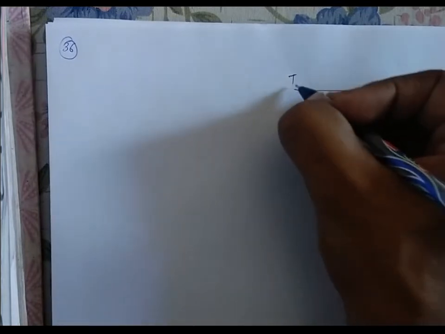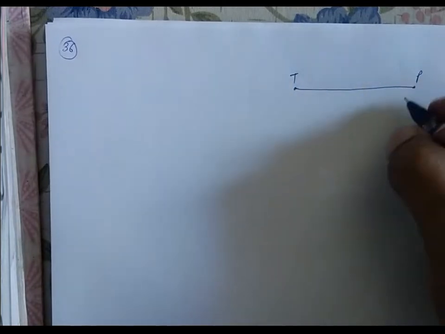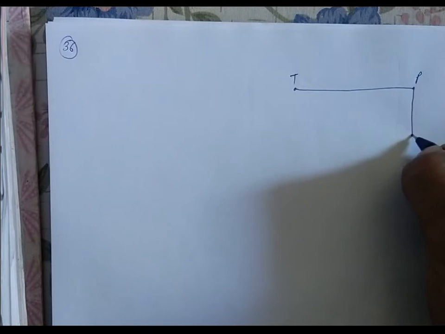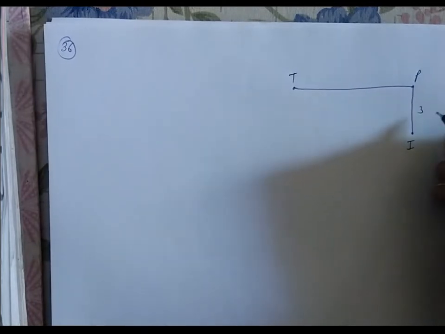Okay, so this is P, this is T, which is 12 kilometers away, and this is the island I, 3 kilometers away.